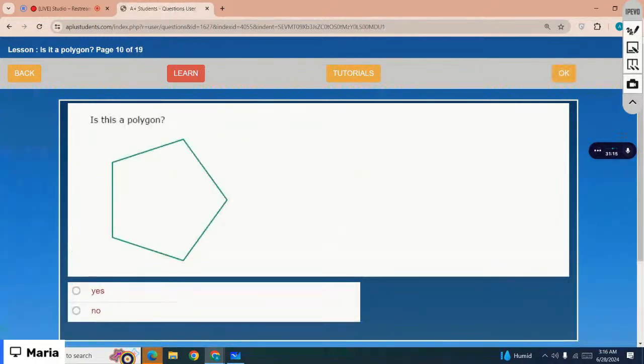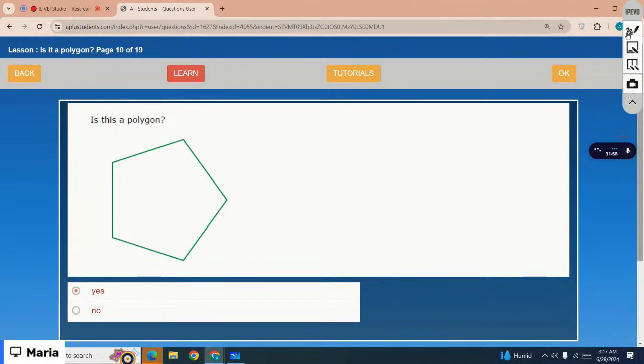Is this a polygon? Yes, it is a polygon.